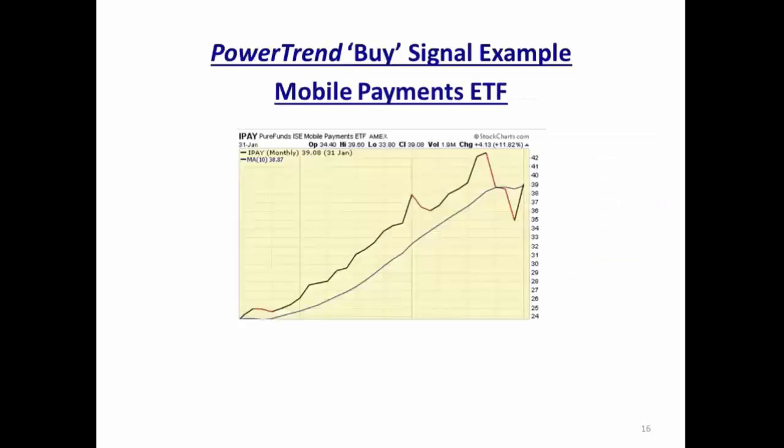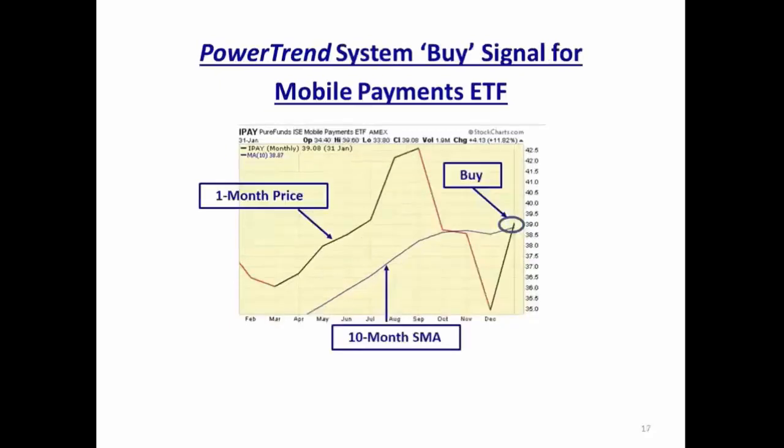Here's another example. This is for the mobile payments ETF, symbol IPAY. And again, we have the 1-month price depicted here on the chart, and we have the 10-month simple moving average, which is the blue line. And we can see the last trading day in January, the price of IPAY closed above the 10-month simple moving average.